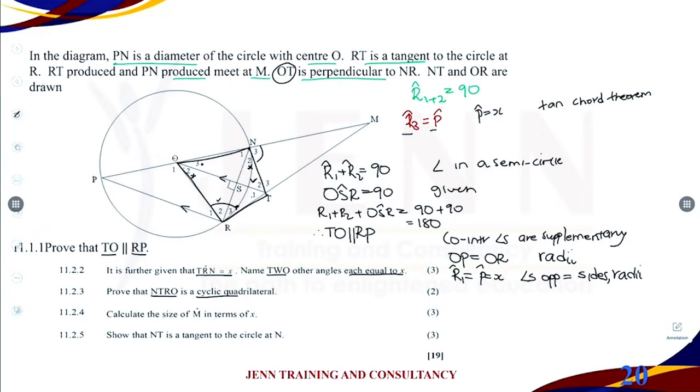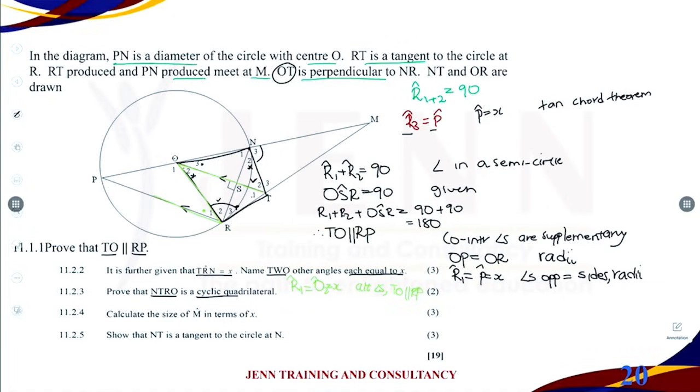If this line is parallel to that line, I have my Z shape. That means this angle will be equal to that angle. So angle R1 is equal to angle O2. They are both equal to X. These are alternating angles. After mentioning alternating angles, you must include those parallel lines: TO is parallel to RP.